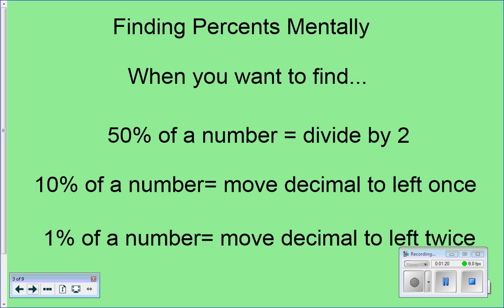First things you need to know. This is how you start finding these things mentally. When you want to find 50% of a number, all you do is divide by 2. That's pretty easy because 50% is always half.